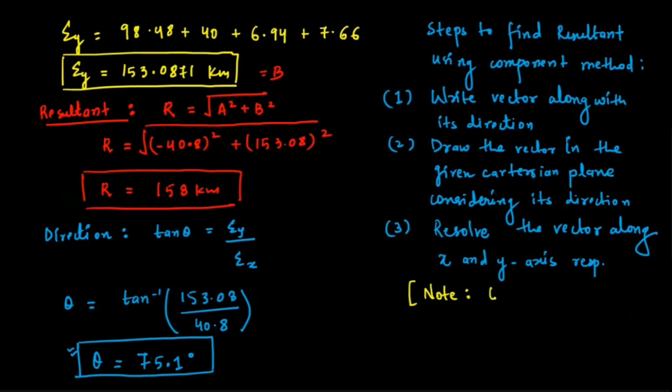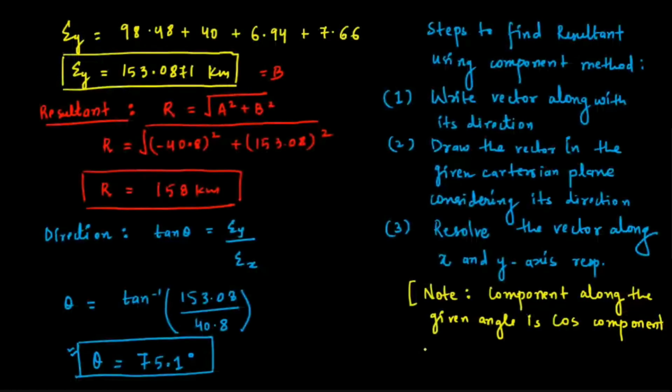I would write the component along the given angle as the cos component. Next, the component opposite to the given angle is the sine component.